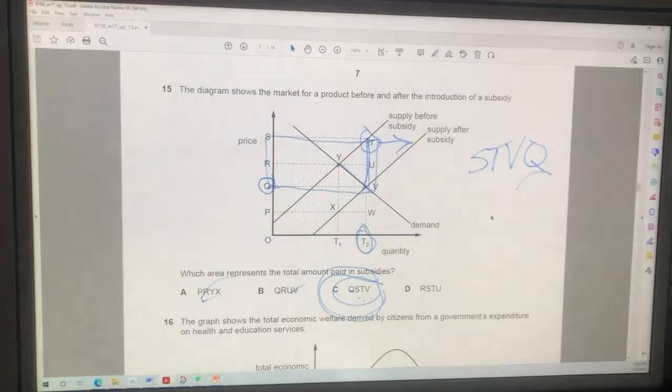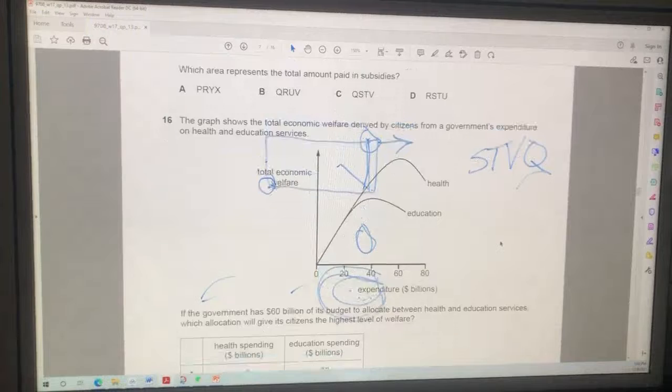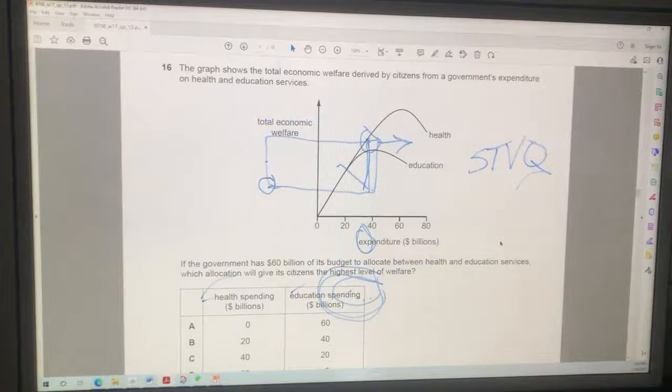QSTV must be true. That's based on the one price theory. If you can only charge everyone the same price, there's no price discrimination in this example. It would be quite different with price discrimination, but that's not what they said, right?